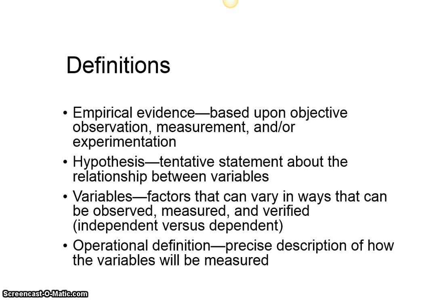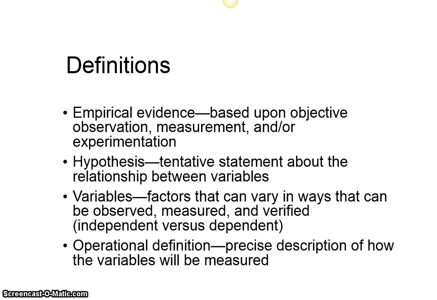Then we test our hypothesis using descriptive or experimental research. We need to identify the variables. We need to operationally define how the variables will be measured. So this is a precise description of that measurement.